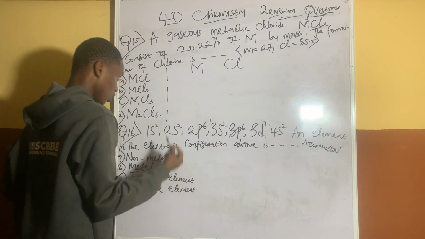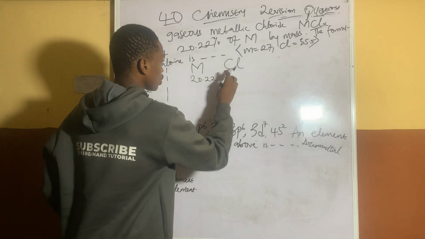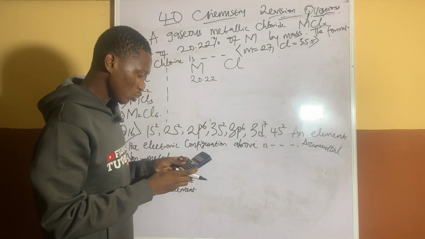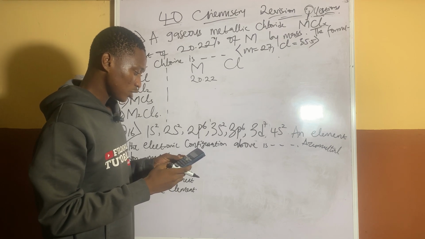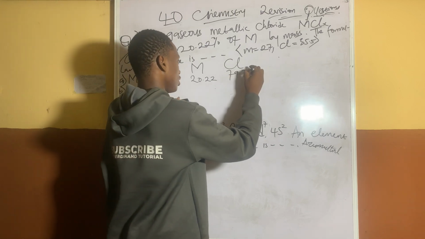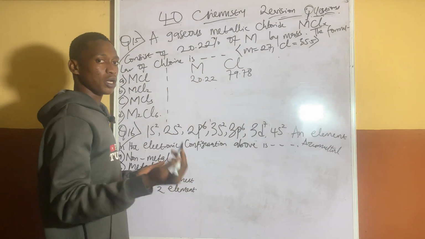Are we together now? To calculate the remaining mass of chlorine, I do 100 minus 20.22. That gives me 79.78 grams.